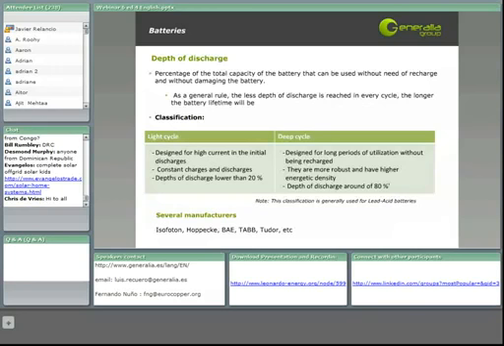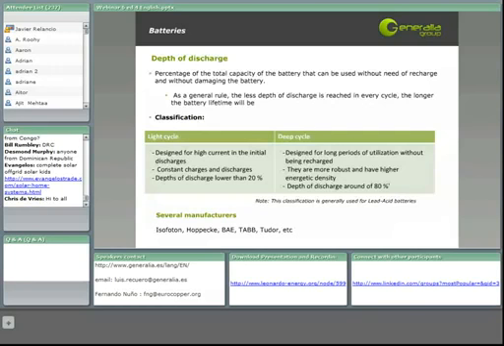Obviously, light cycle batteries have less depth of discharge than deep cycle. For light cycle, we can get a depth of discharge of about 20%, while for deep cycle we can get to 80%.